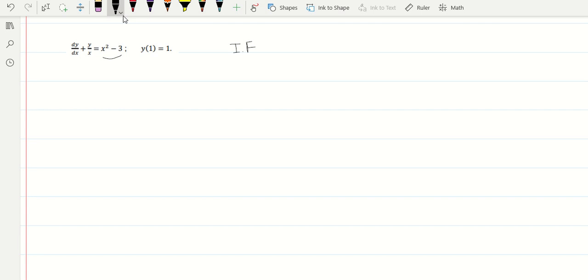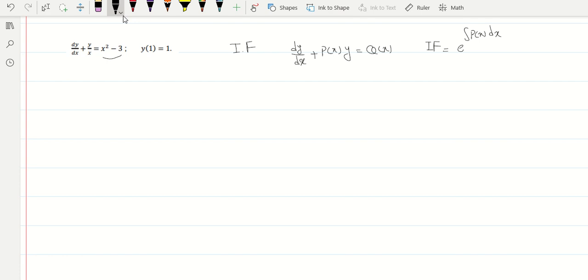So in order to find the integration factor for the differential equations, we should know the general formula of the first order differential equations. It is dy by dx plus p(x) times y is equal to q(x). And the integration factor for this general formula would be e to the power of integral of p(x) dx. As you see in here, p(x) is the coefficient of y.